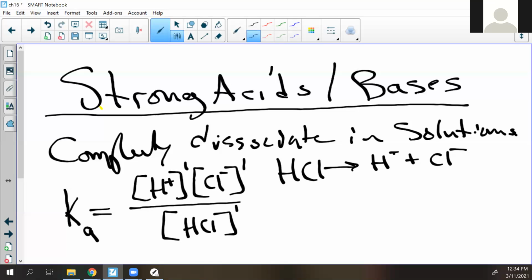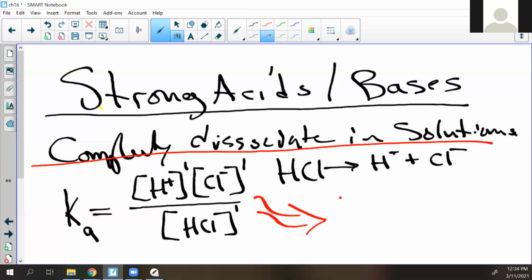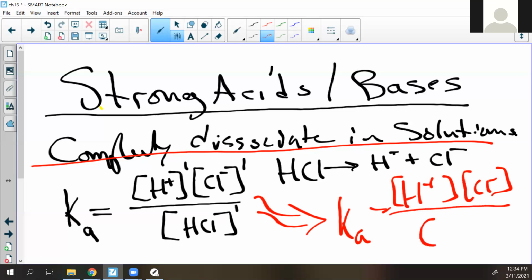Okay. Now, look. What does this sentence say right here? Strong acids and bases completely dissociate in solution. So let's think about this. Ka would be H plus times Cl minus divided by what number? 0. So one thing you should know about strong acids and bases, and strong only, not all of them, is there is no Ka.